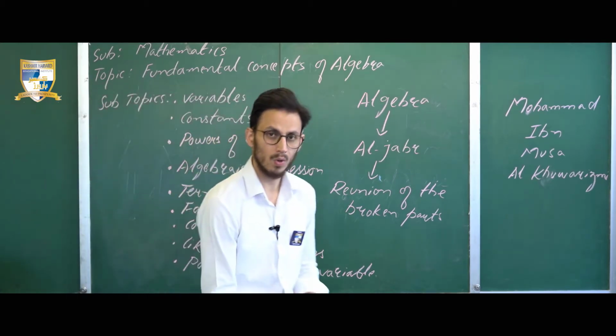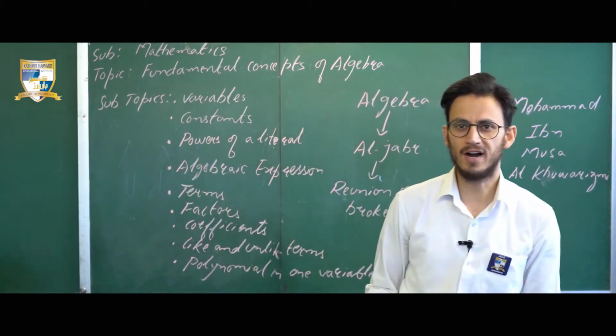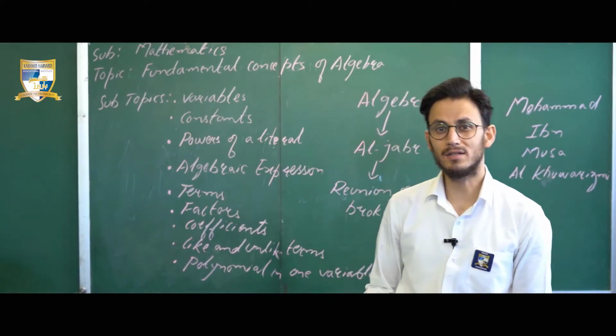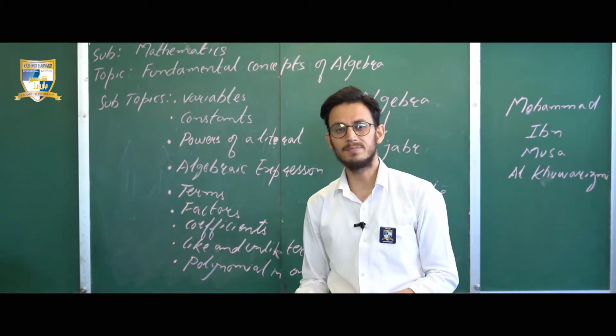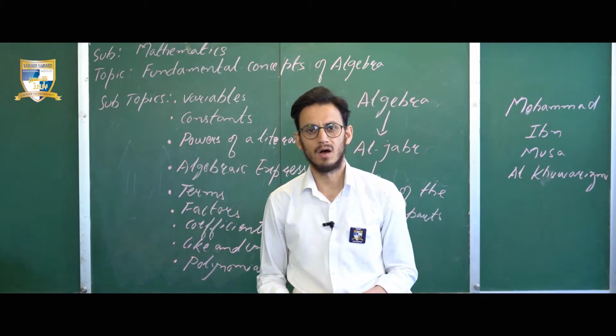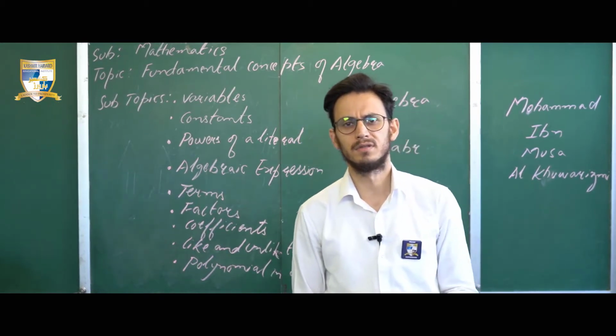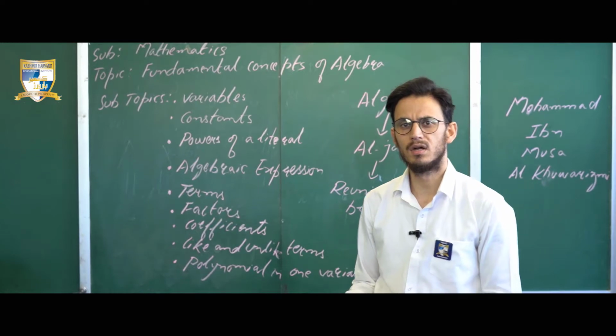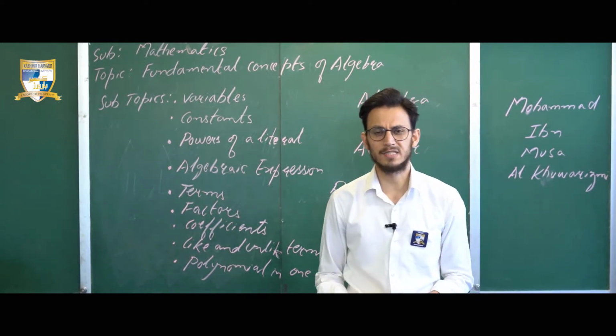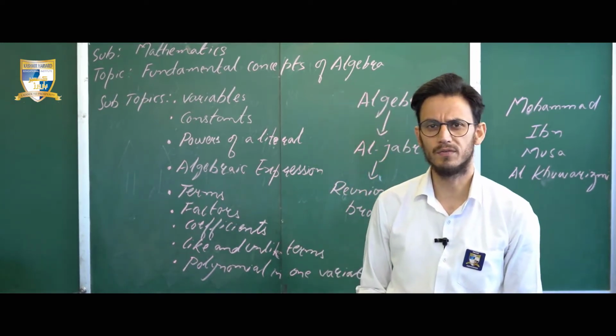We'll come to know about what is variable. If I define the word variable, they are the unspecified numbers, or we can say the unknown numbers. Whenever we have to find out the unknown or unspecified numbers, that time we use the variables.